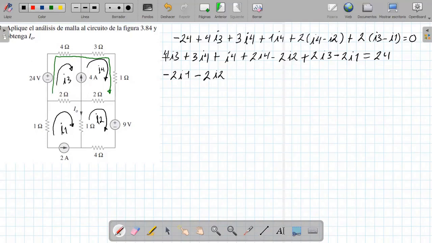Everything that has I3, here there are 4 plus 2 would be 6 I3. Whatever you have in I4, here are 3 of I4 plus 1 would be 4, plus 2, 6 I4. Plus 6 I3 plus 6 I4 equals 24. This is going to be my equation number 1.